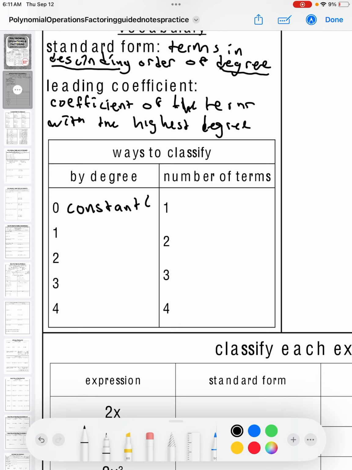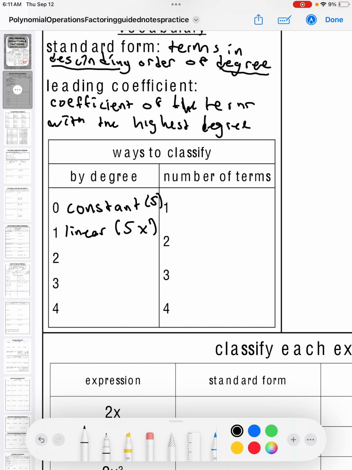So this would be, for example, the number 5. If you have a degree of 1, this is called linear. That is when you do have an exponent, but the exponent is 1. So for example, 5x. This variable has an exponent of 1. So 5x or 5x to the first power would be called linear.